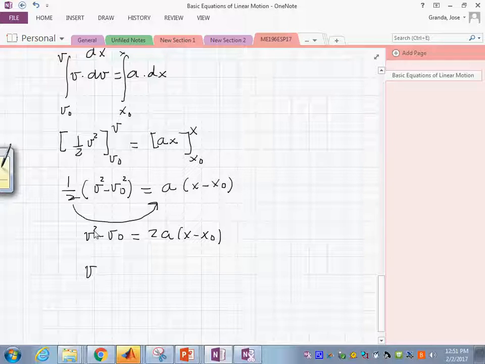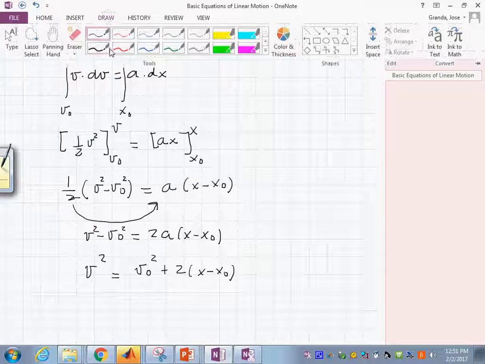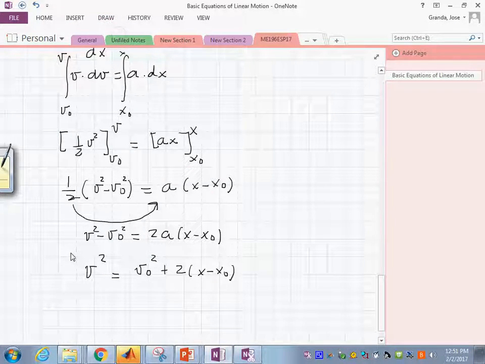I think those are the three equations of motion that I wanted to review with you and show you exactly where they came from, making a summary. From the definition of the velocity, if we integrate, we get this equation, which is x is equal to x0 plus v t. From the definition of the acceleration, we obtain that v is v0 plus at.